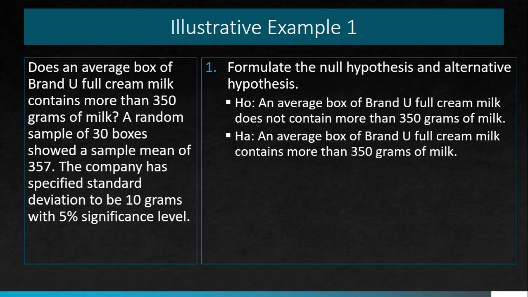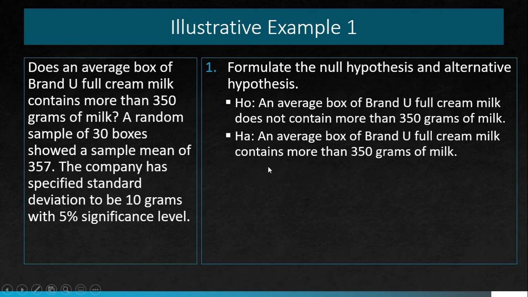If we contradict it, then we'll have our research hypothesis, our alternative hypothesis, in which we now state that an average box of brand new full cream milk contains more than 350 grams. This statement says it does not contain more than 350 grams, but this one contradicts it.